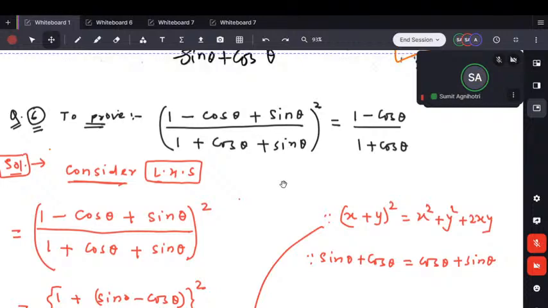Here I have taken sine and cos. We can even take 1 minus cos as x, like that we can do. You just think of some other possibility if possible. We can even take 1 plus sine as, yeah, we can think of some other possibilities.